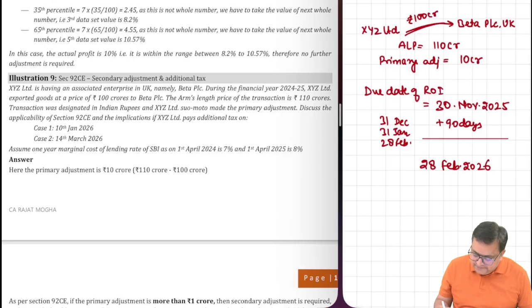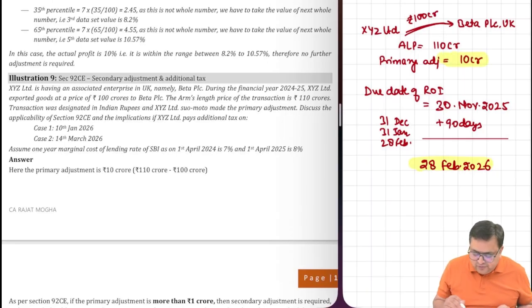Everybody is okay with this? If you bring this money within this period, then we would be happy. There is no interest required. Just pay additional tax. Just pay additional tax on what?